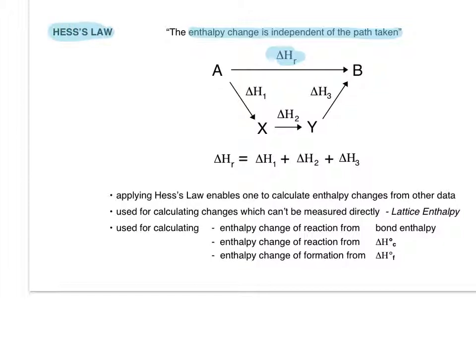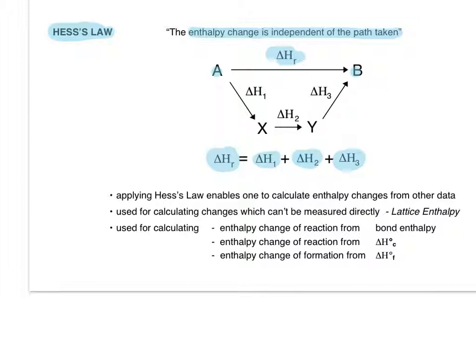You could go direct from A to B, and that would be your enthalpy change of reaction, or you might go via some intermediate or some other product, and that would give you several different enthalpy changes that would all add together to give you the same value as your enthalpy change of reaction. So the alternate path would just be adding up those individual enthalpy changes so that they equal your enthalpy change of reaction.